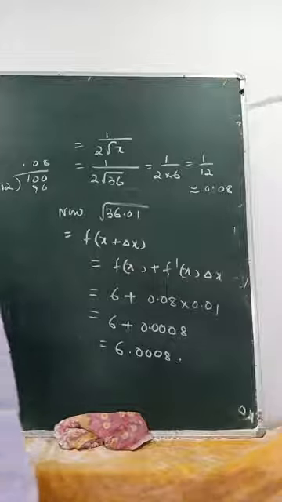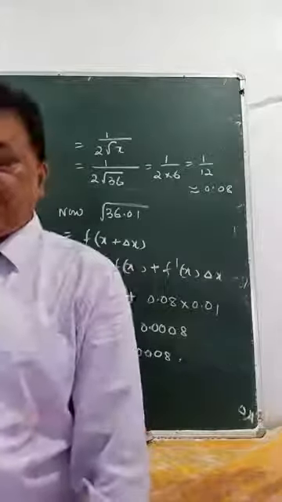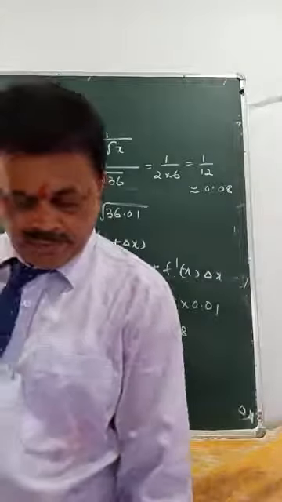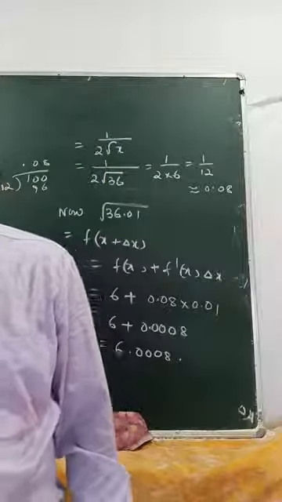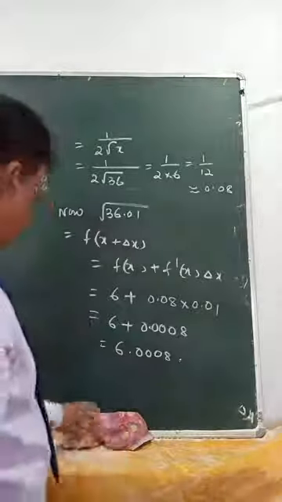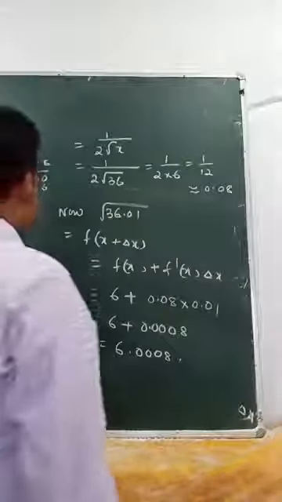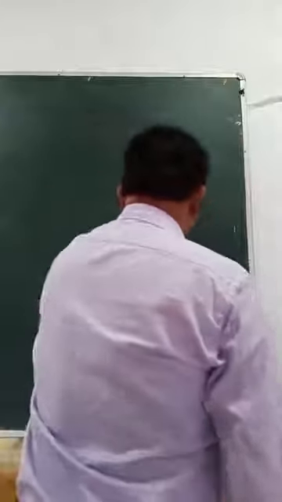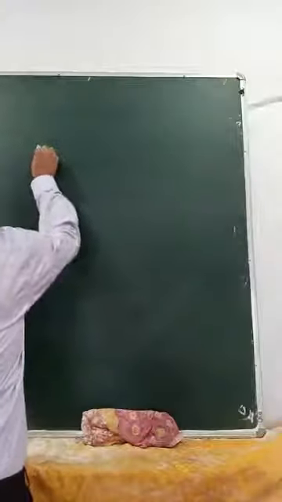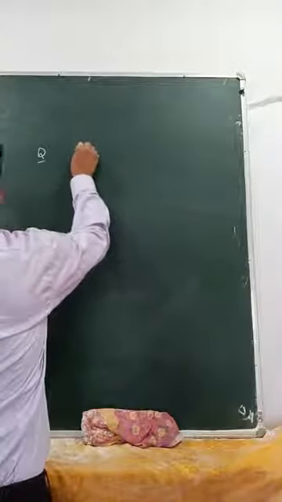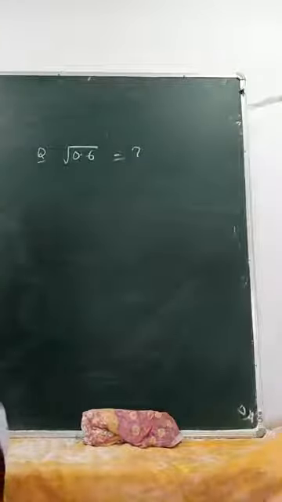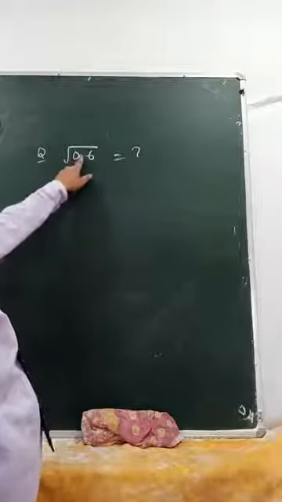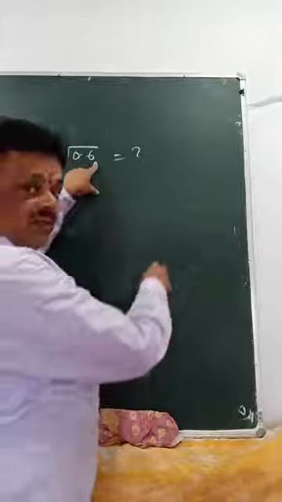Okay, let me take one more question. It will be clear to you. Suppose I take a question: find the square root of 0.6 using approximations. When you find a square root after decimal, you should have pairs, because you have learned the pairing method.